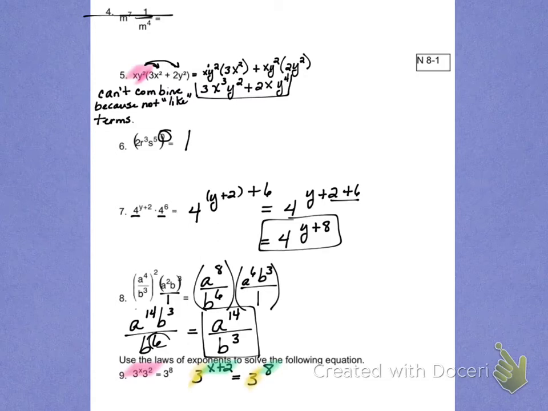So the conclusion we can draw is that x plus 2 must equal 8, and so subtracting 2 from both sides, x equals 6. Well, plug a 6 in here for x. 3 to the 6 plus 2 equals 3 to the 8th. And so that's a good answer. Okay, that's the end of this lesson 8.1.